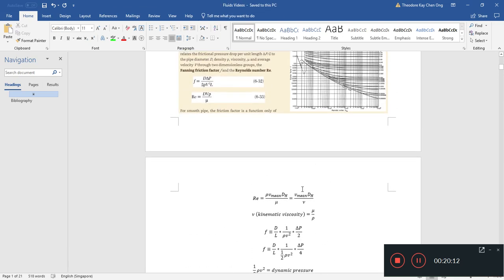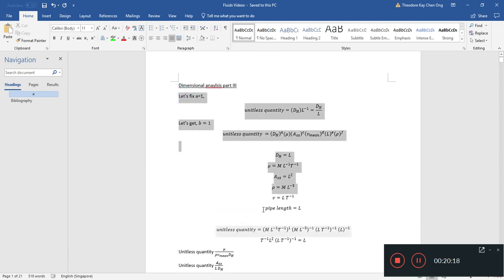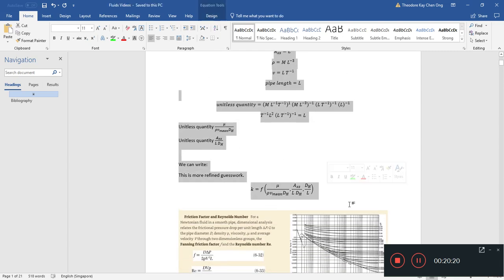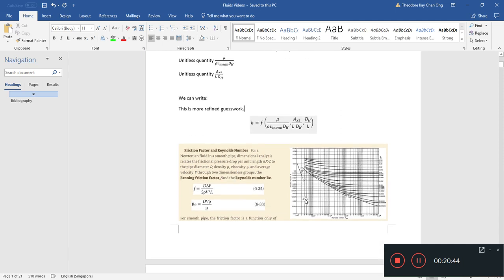So let's recap. It may have been a bit confusing, the last part. The dimensional analysis part is the part I'm highlighting. It's the more refined guesswork that we are talking about. We find that these dimensionless numbers could be important, but at least we have somewhere to start to experiment and see whether there's any correlation between this K and this dimensionless quantity. Then we look at what other people have done in their experiments, and they have found that the Reynolds number is very important.